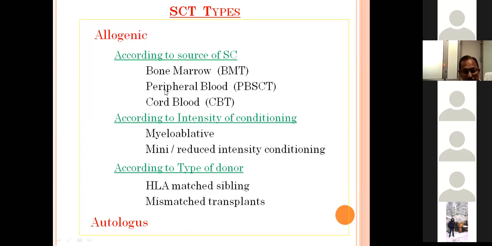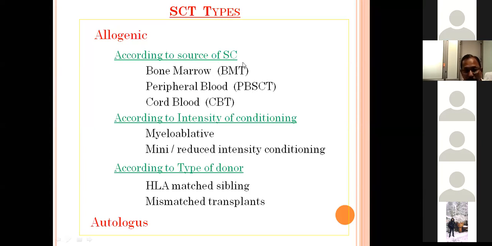If the source is the peripheral blood, you can harvest the stem cell from the blood, and you call it peripheral blood stem cell. And if you use cord blood or placental blood as a source of stem cell, you call it cord blood. So based on the source of stem cell, allotransplant can be bone marrow, peripheral blood, or cord.